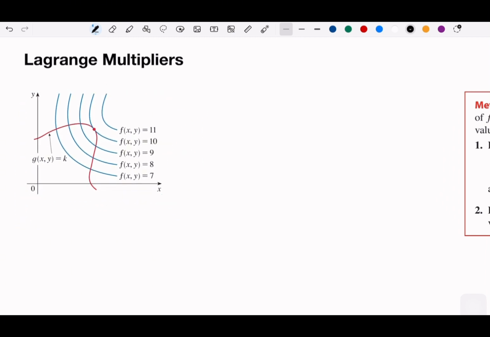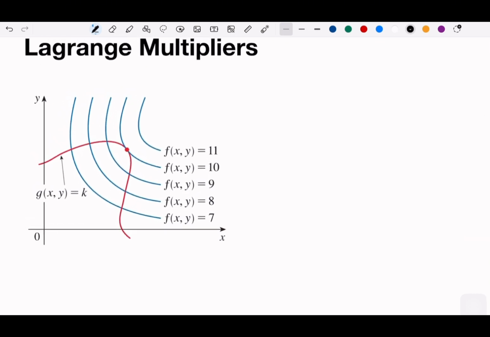Okay, so Lagrange is a special method to solve the max and min value. Suppose that we have a function f, and we could determine it using level curves. So we equal the function with some constant, and then try to see in the graph where it is in two dimensions.